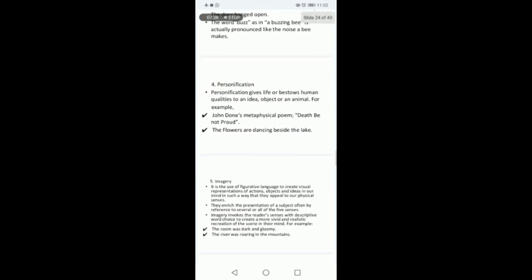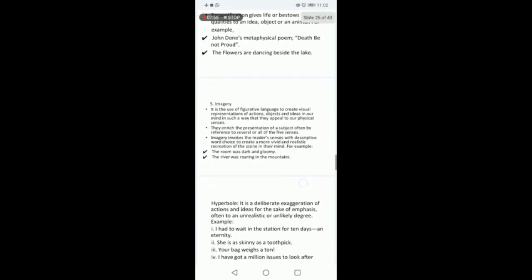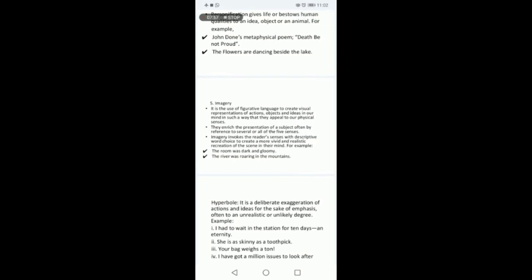They have imagery. Imagery is a figurative language that creates visual representation of actions or objects, and they enrich the presentation of a subject, often by reference to several or all of the five senses. For example, we try to visualize, to see those images of the writing, the lines, especially in poems.